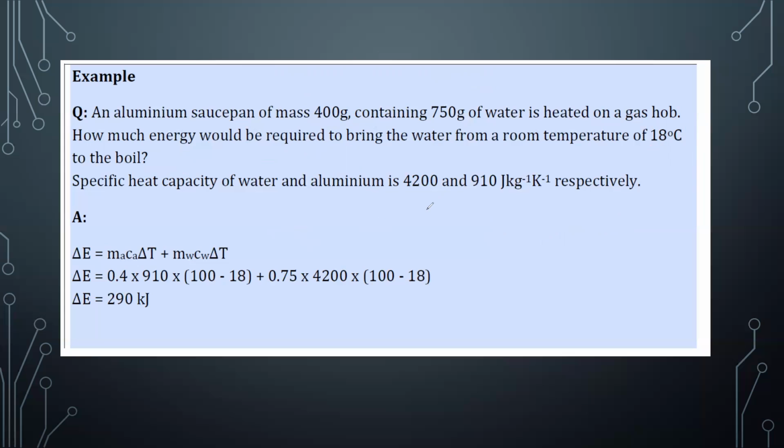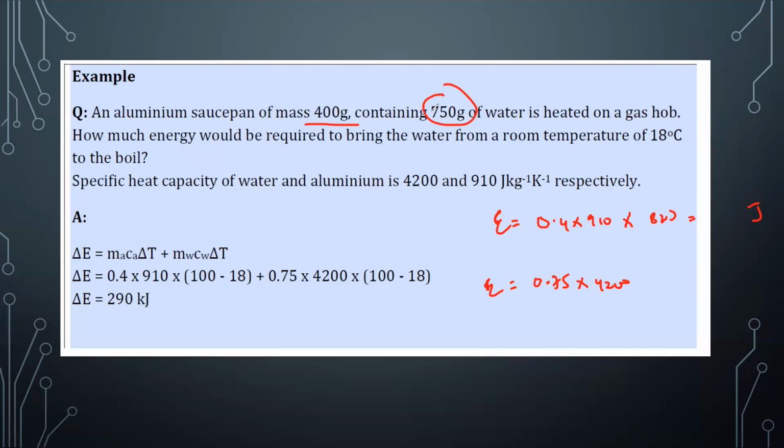To know the energy absorbed by the aluminium, the mass of aluminium, that is 400 gram, which is 0.4 kilogram, multiplied by 910, the specific heat, and multiplied by the temperature change, that is 82. We multiply and we'll get the energy in joules. In the same way for the water, this will be 0.75 multiplied by 4200.